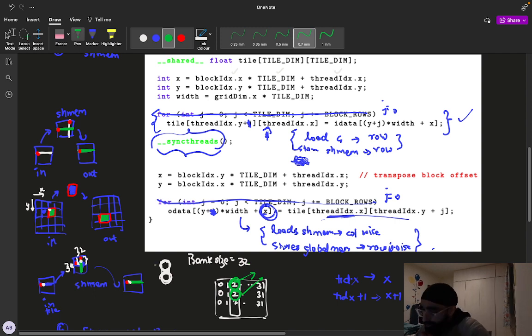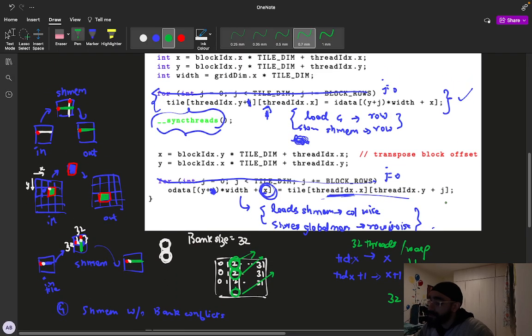we would need two accesses. Let's say there are 32 threads in a warp. So 32 threads per warp will need 32 accesses to shared memory, because in a single access to shared memory we can get data from 32 banks simultaneously.